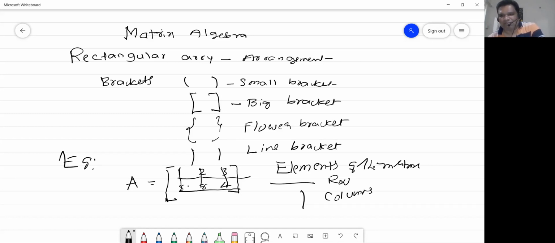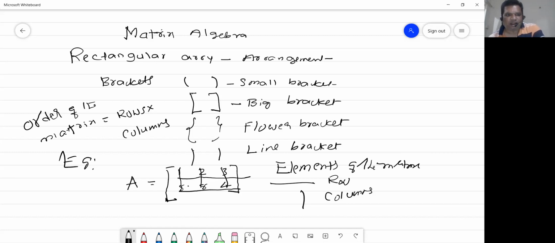The size, or order, of the matrix is equal to the number of rows into the number of columns. Try to understand: order of the matrix is rows into columns.